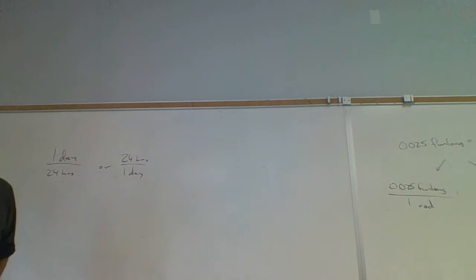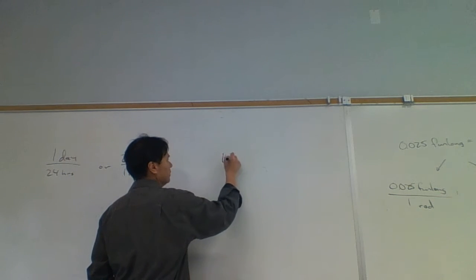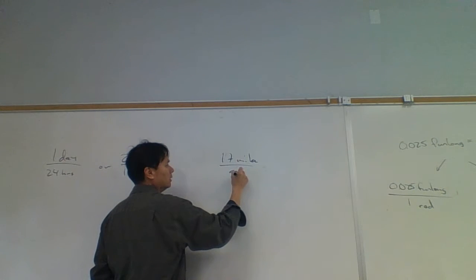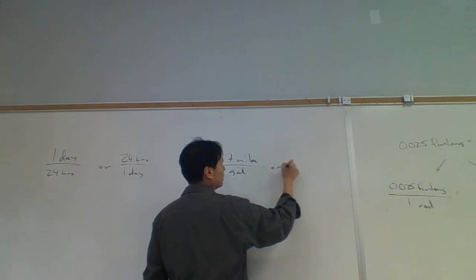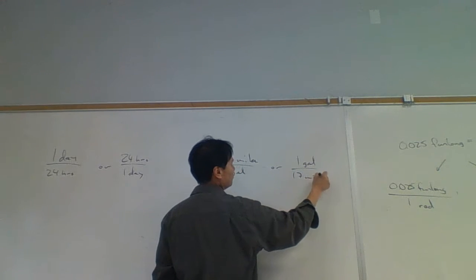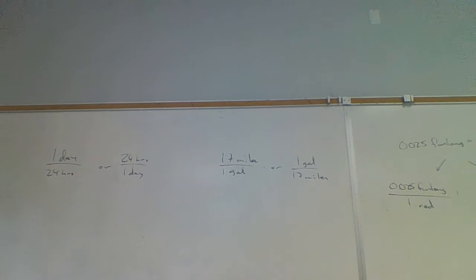My car averages 17 miles per gallon. So I have 17 miles on the top, gallons on the bottom, or 1 gallon on the top and 17 miles on the bottom. So again, there are two conversion factors.